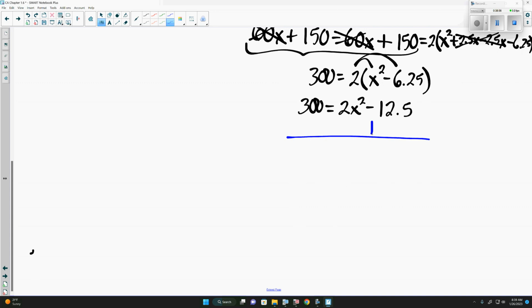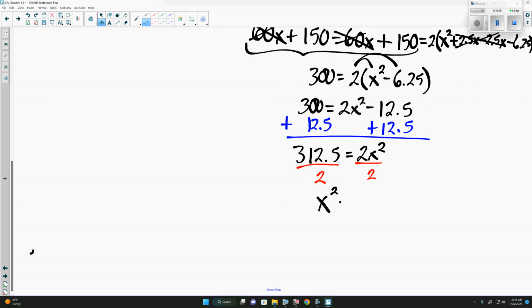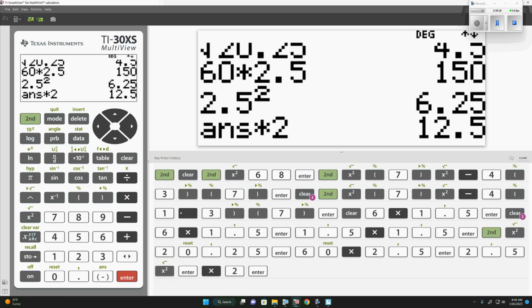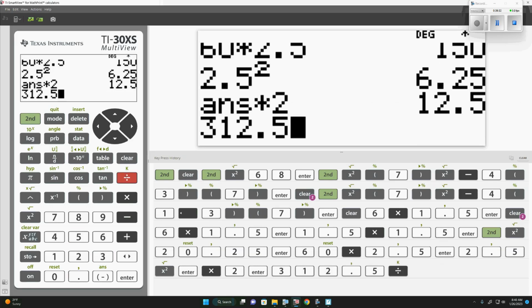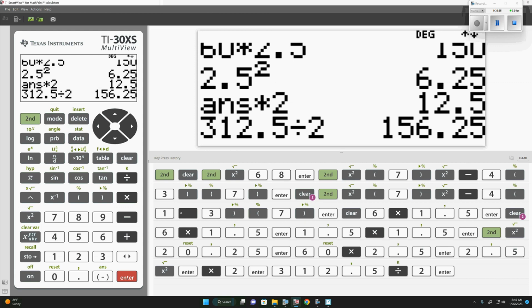Now, since we don't have a middle term, we can move everything to the other side. So I'll have 300 plus 12.5 is 312.5 is equal to 2x squared. At this point here, we can divide both sides by 2, telling us that x squared is equal to 312.5 divided by 2, which is 156.25.